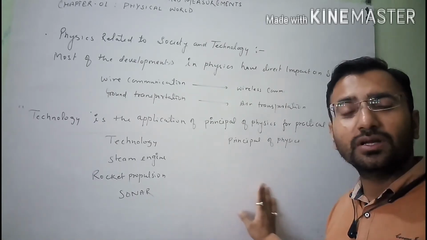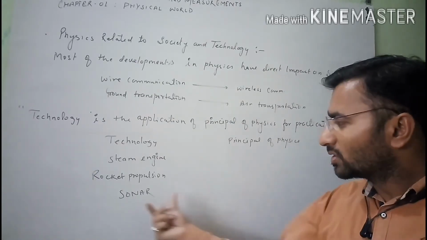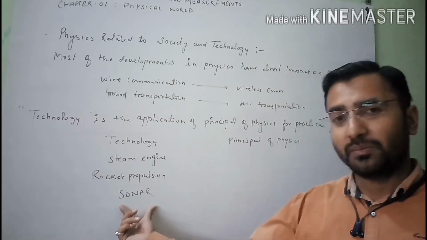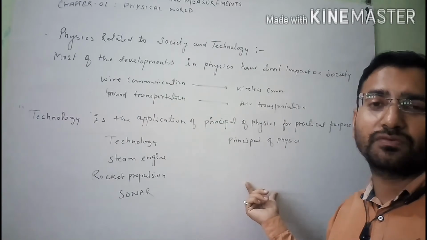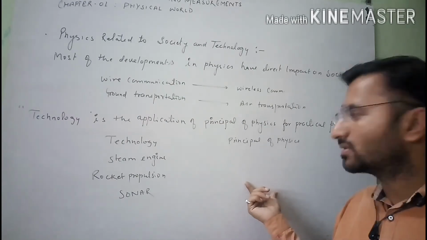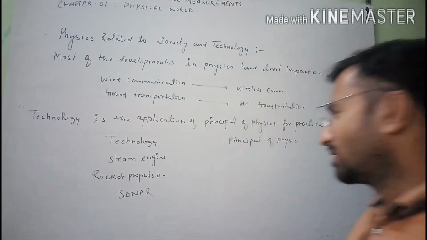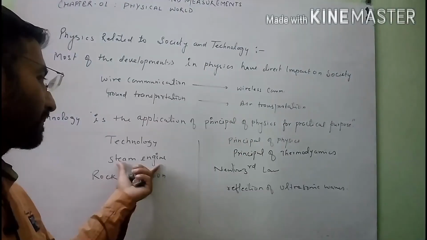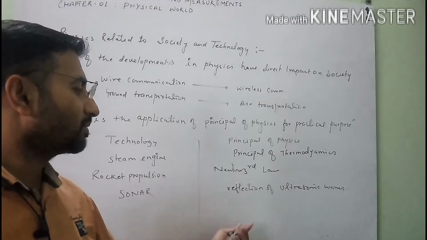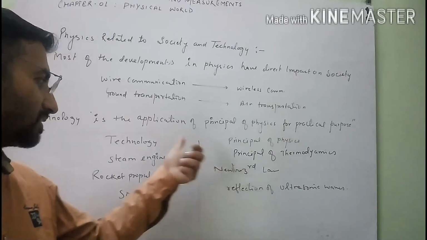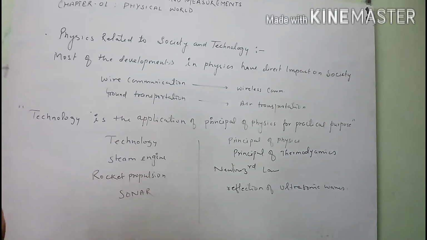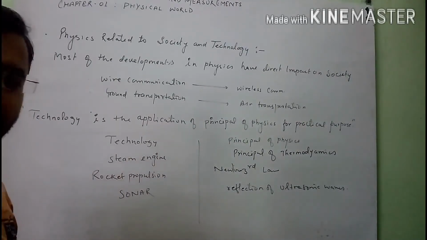It is based on Newton's third law. Sonar, sound navigation and ranging, is a technology based on reflection of ultrasonic waves. These are the principles of physics which are applicable to these technologies according to their need.